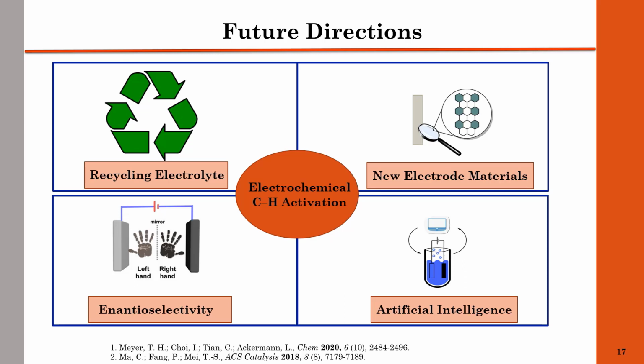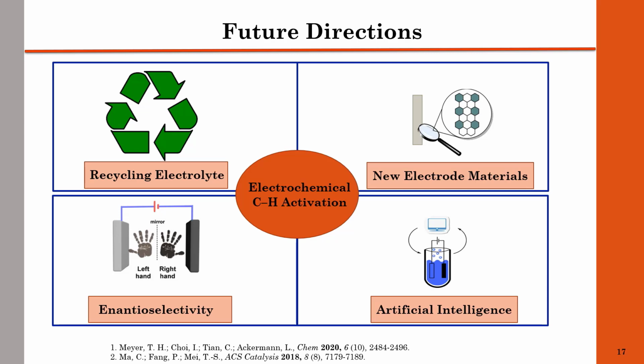Although electrochemical C-H functionalization is a sustainable approach, we still cannot reuse the electrolyte. So we have to develop new methods to reuse the electrolyte and separate it from the reaction mixture. We have to find the best solution for recycling electrolyte.